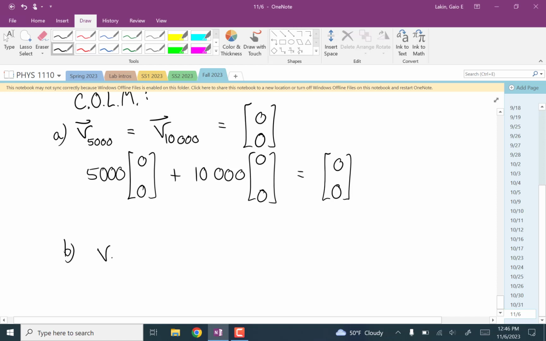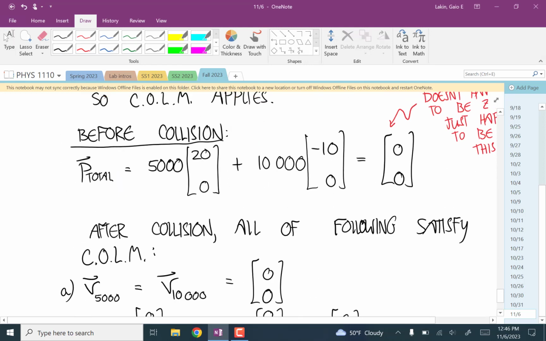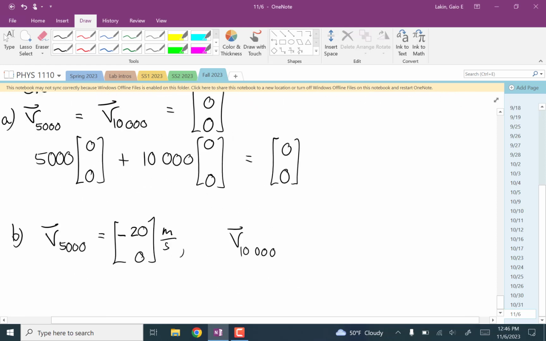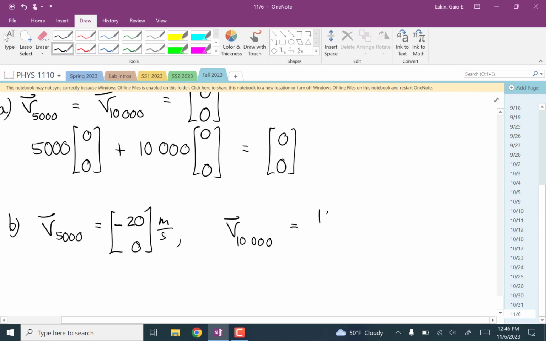Another thing that would work would be the velocity of the 5,000 is equal to minus 20, 0, and the velocity of the 10,000 is equal to positive 10, 0.